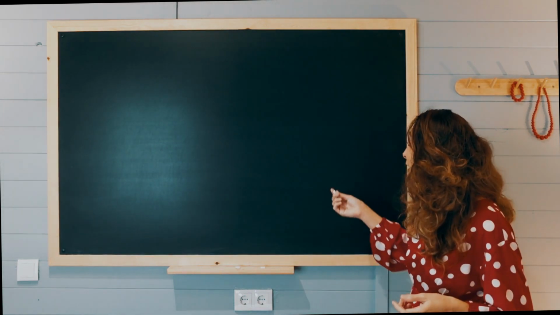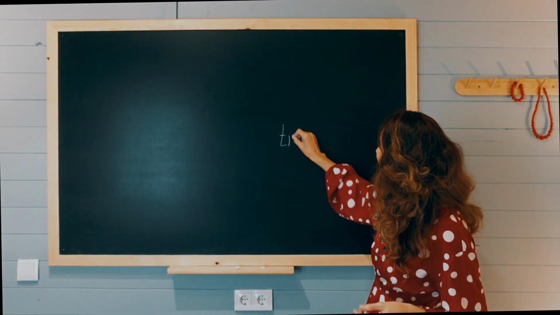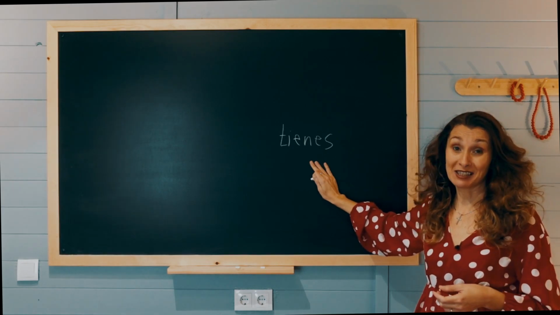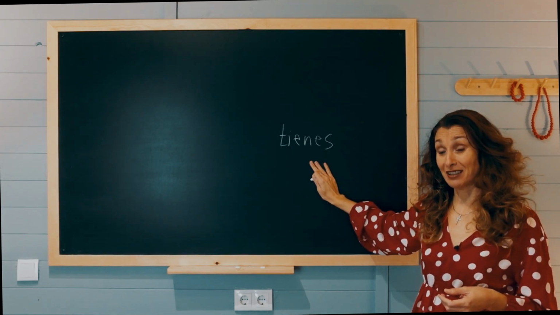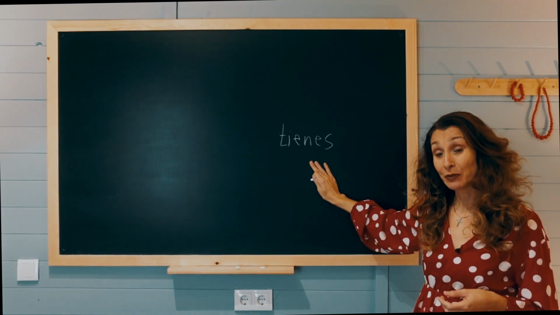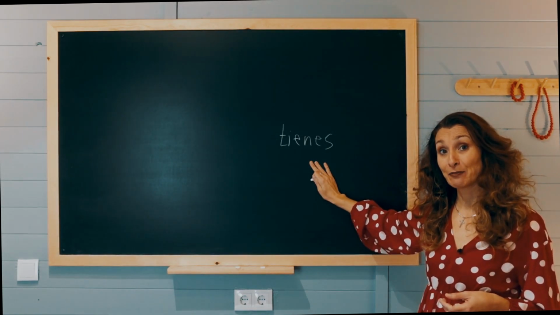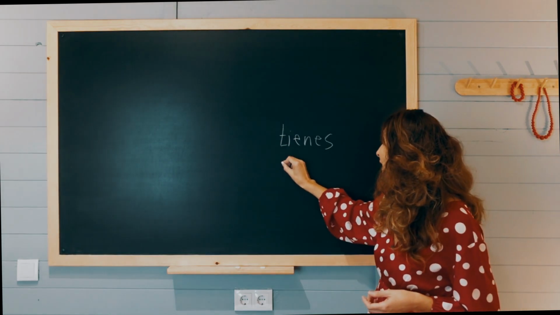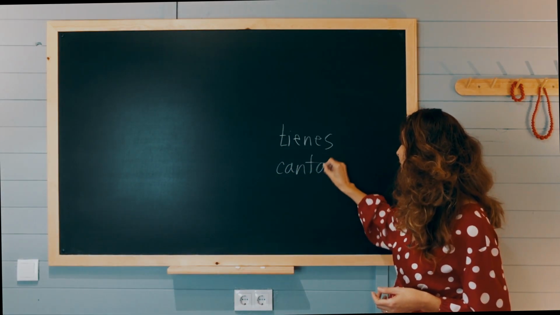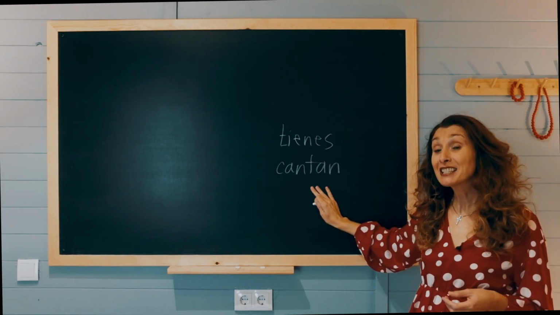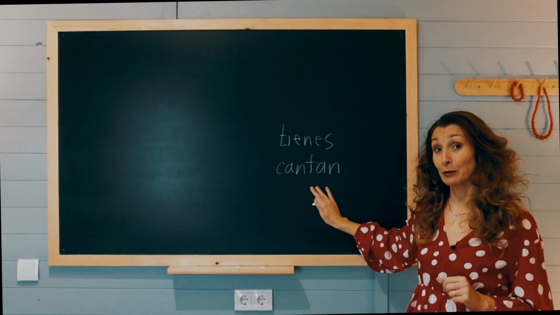For example, if I say tienes, I know that this is second person singular. You have. Tienes means you have. If I say cantan, I know this is the third person plural.